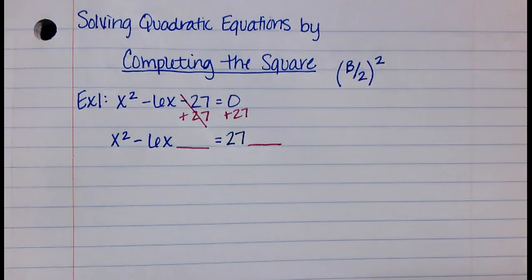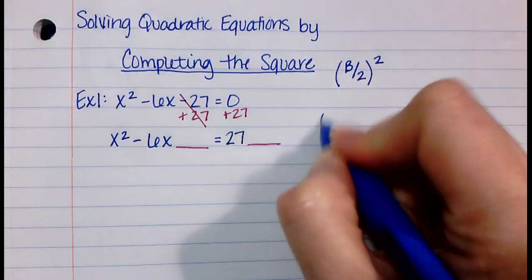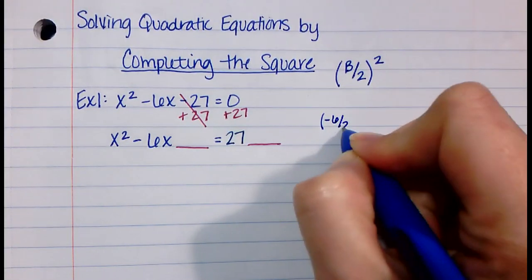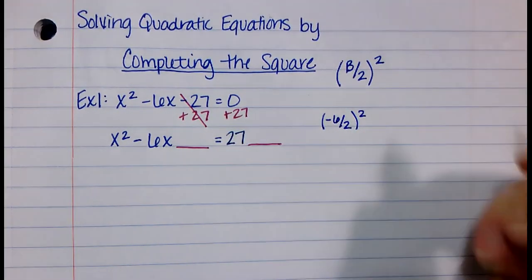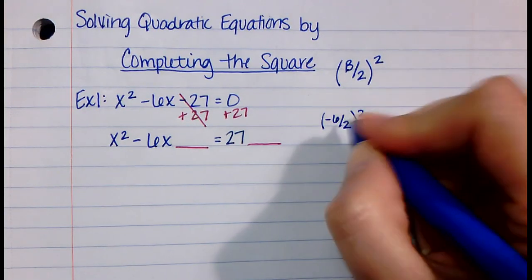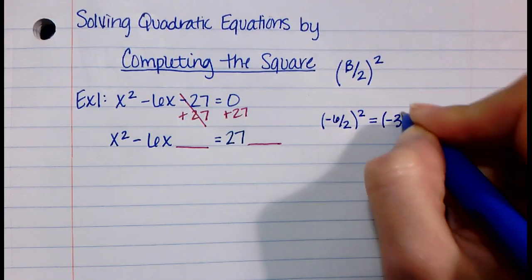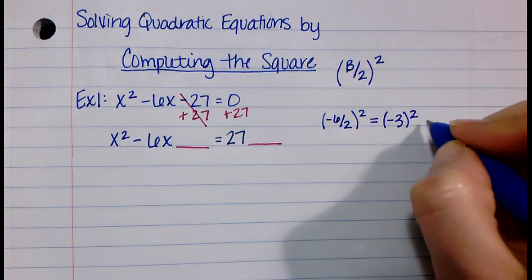So let's go ahead and find the value that goes into these blanks. We would take our b, negative 6, divide it by 2, and square it. So again, our b divided by 2 and square. Negative 6 divided by 2 is negative 3. And we're going to square negative 3, which gives us positive 9.